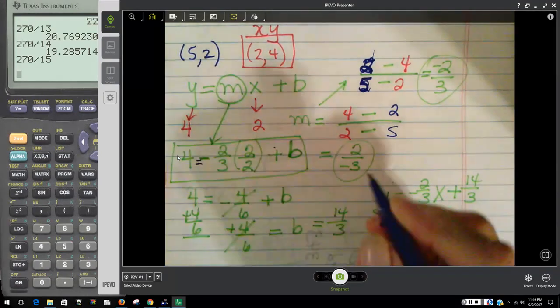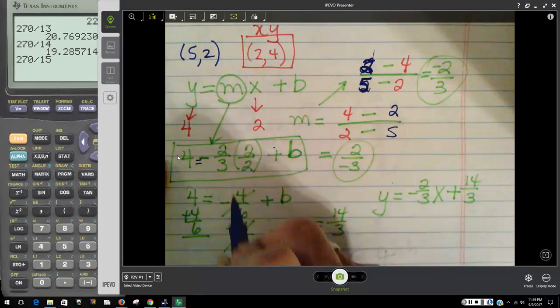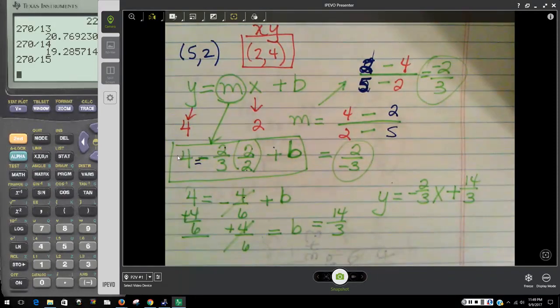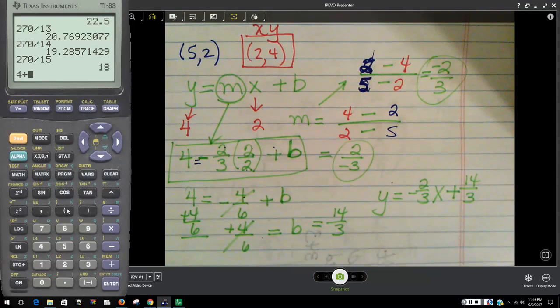So 2 times 2 is 4. 3 times 2 is 6. 4 plus 4 over 6. Over 3. I think I may see.